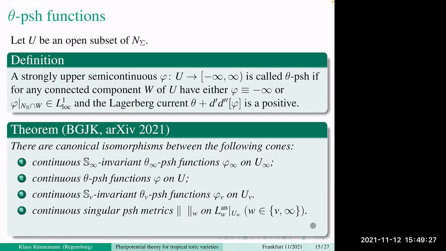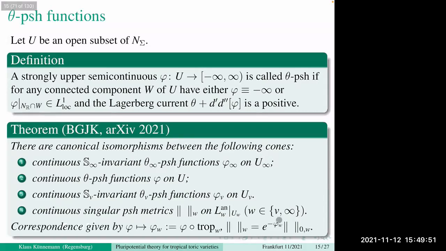And when you talk about theta PSH functions, you can also talk about metrics. So you can also look at continuous singular PSH metrics on the associated line bundle on the non-Archimedean space or on the corresponding complex manifold. And here the correspondence is you compose with the tropicalization map.